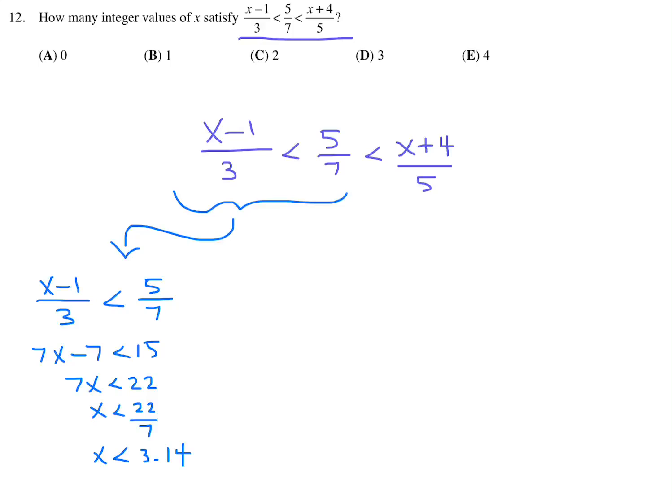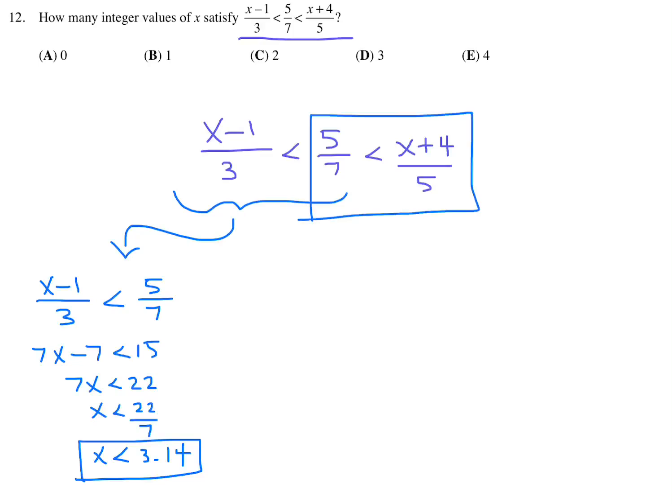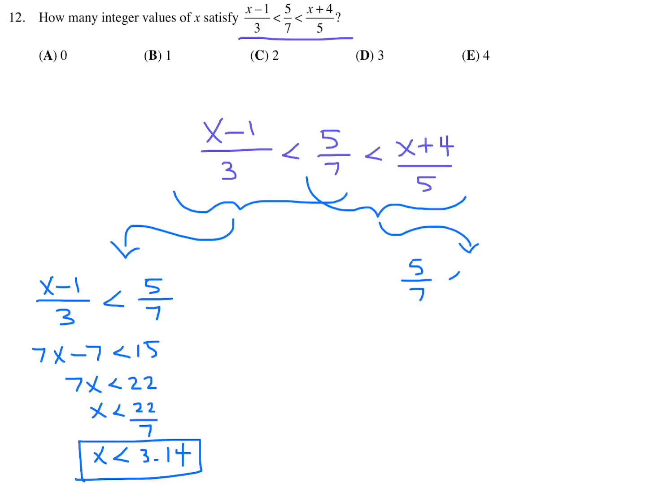All right, so that's our first condition. Now we'll look at these 2 guys. So we have 5 over 7 is less than x plus 4 over 5. So cross multiply, and you will get 25 is less than 7x plus 28. And therefore 7x is greater than minus 3.